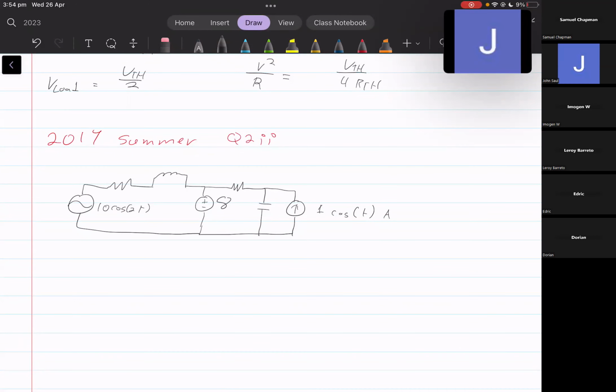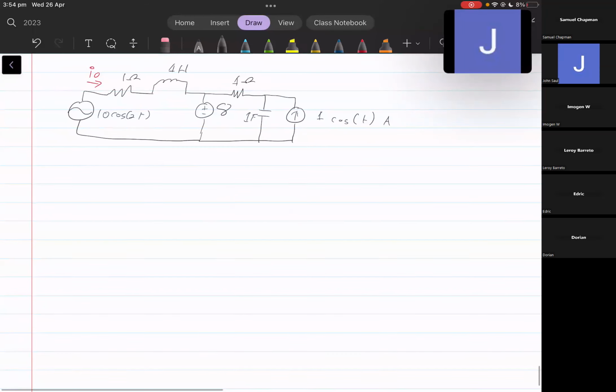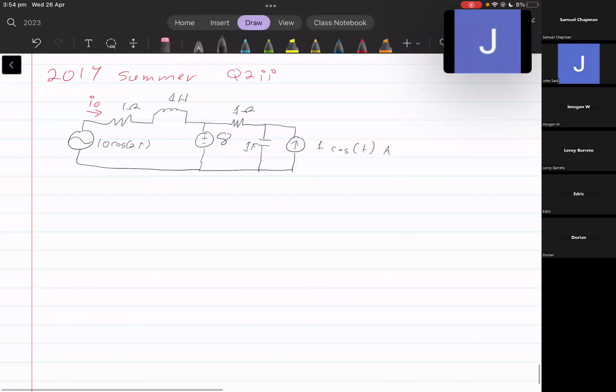So for this one, we want to work out the current flowing here into this resistor. So we have 1 ohm, 1 Henry, 1 ohm, and 1 farad. So does anyone know how we'd start this question?